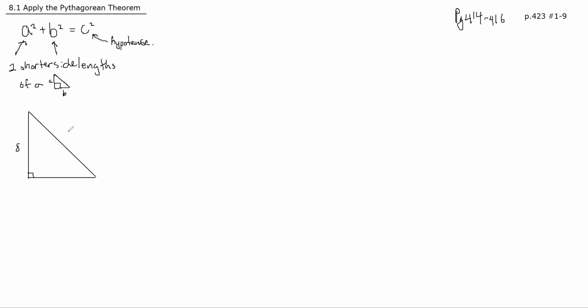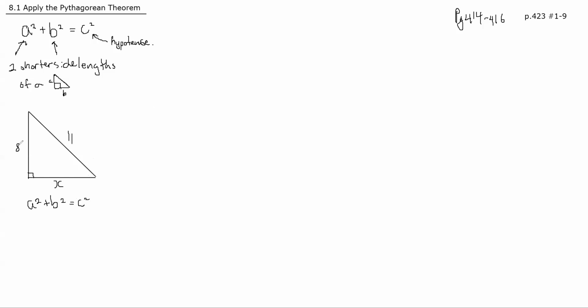I have a side that is 8, I have a side that's 11, and I have the side that's x. The question is, of course, solve. Find me the value of x. Knowing that this is a right-angled triangle, you can directly apply the Pythagorean theorem to this. The problem is, what side do you plug in?